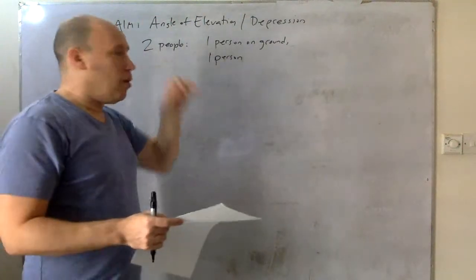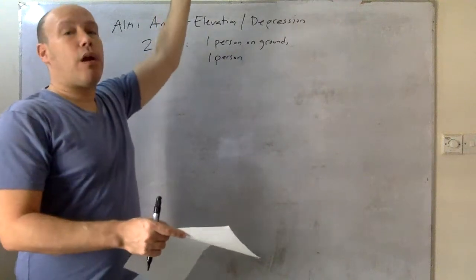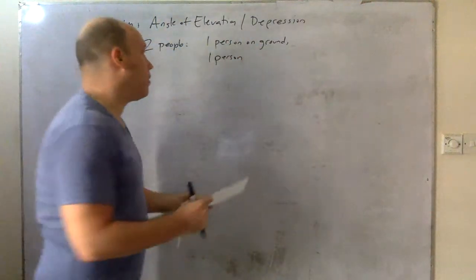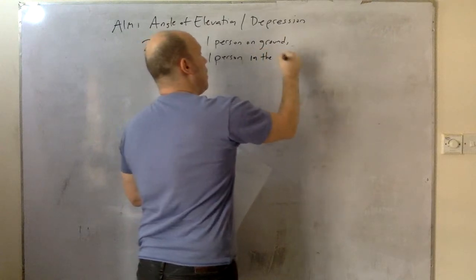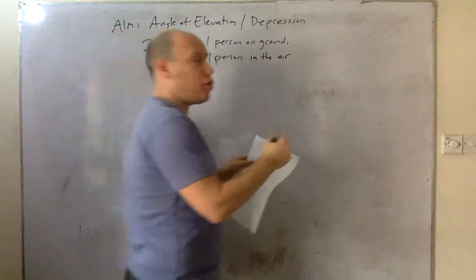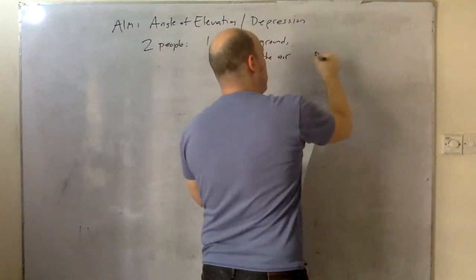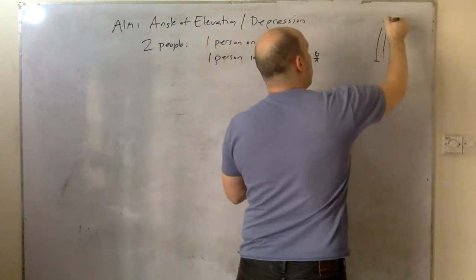But the idea is that the person on the ground is going to be looking up. The person in the air is going to be looking down. And so here's my visual. My visual here is, once again, here's the first person, and here's the second person on the tower.